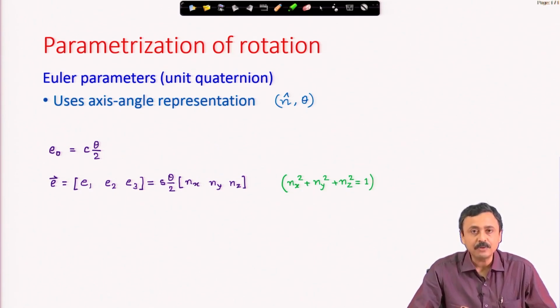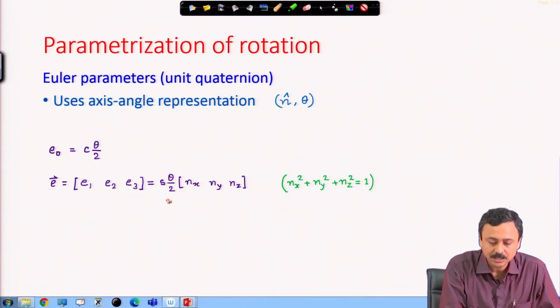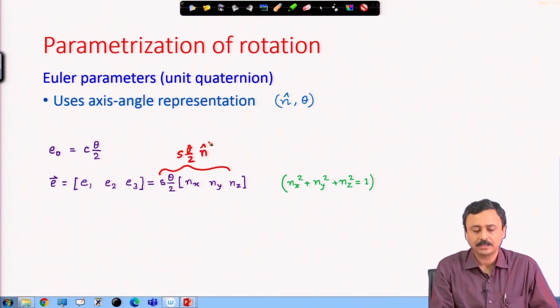Therefore, this E vector is nothing but sine theta by 2 times the n cap vector.